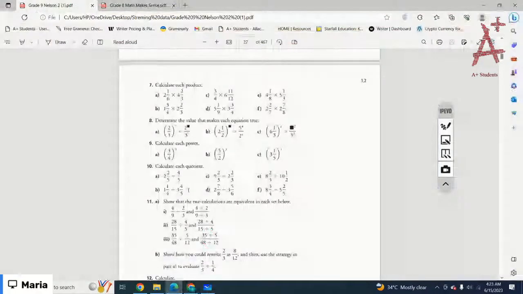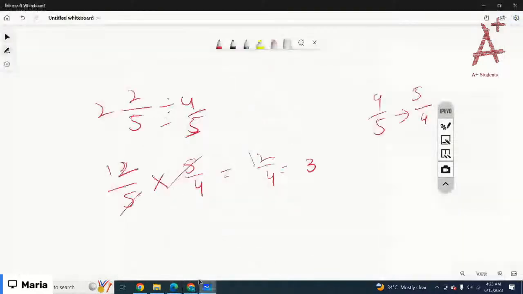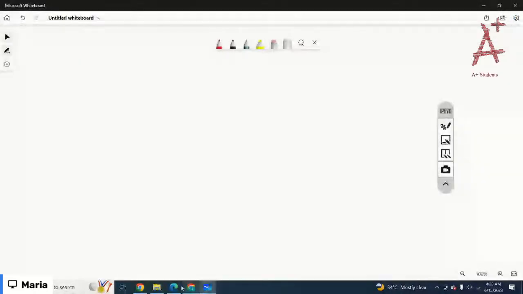Okay, let's do another one. 2 whole 7 over 8 divided by 3 whole 5 over 6. So let's replace the division sign with multiplication. First, 8 times 2 is 16 plus 7, 23 over 8.